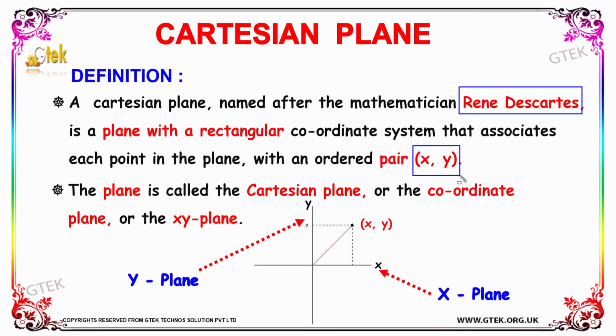The plane is called the Cartesian plane, or else the coordinate plane, or simply the xy plane. You can see over here how the Cartesian plane is depicted. This is the x-axis, that is the x plane, and this is the y-axis, that is the y plane. And this is an ordered pair, that is x, y.